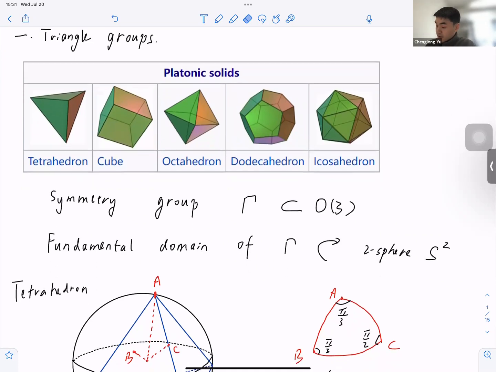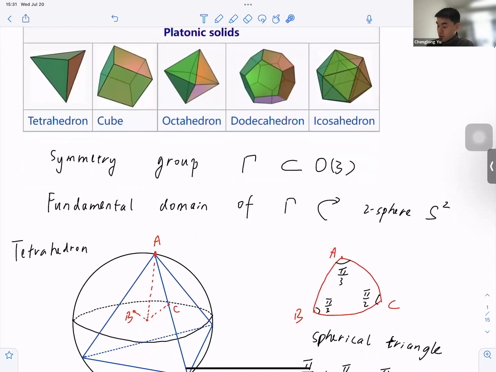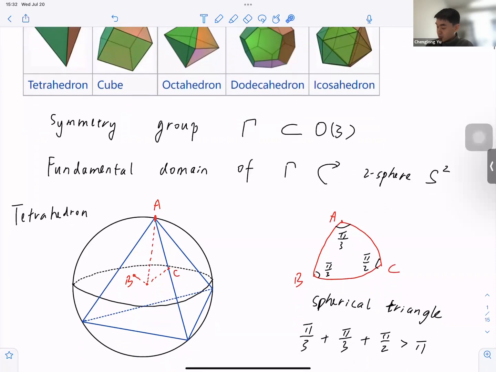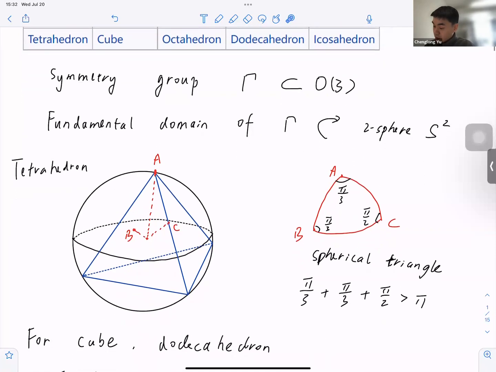If we look at one of them, for example, the symmetry group of the tetrahedron, and we look at its fundamental domain, when it acts naturally on the 2-sphere, we will find that the fundamental domain is actually a spherical triangle. The construction is as follows.